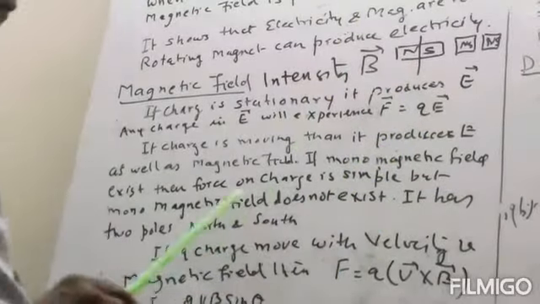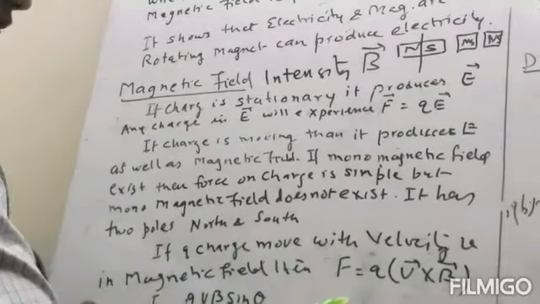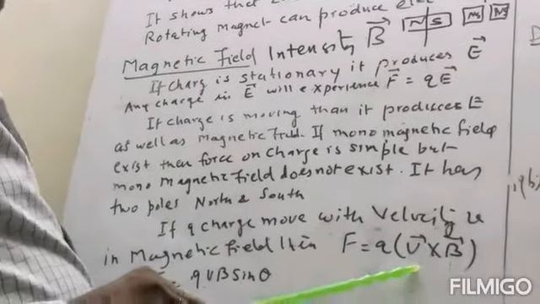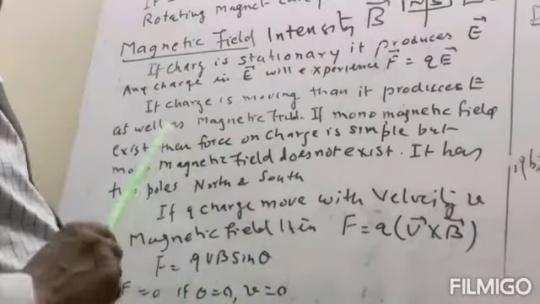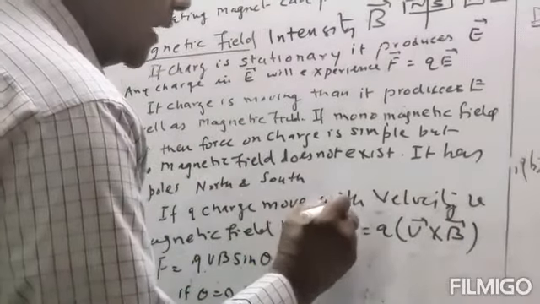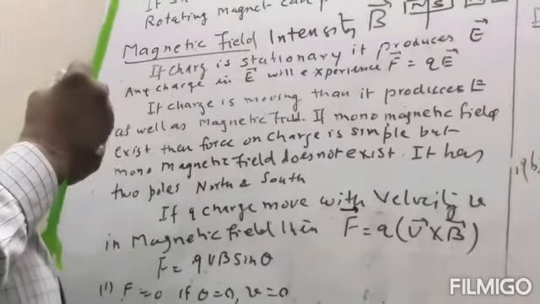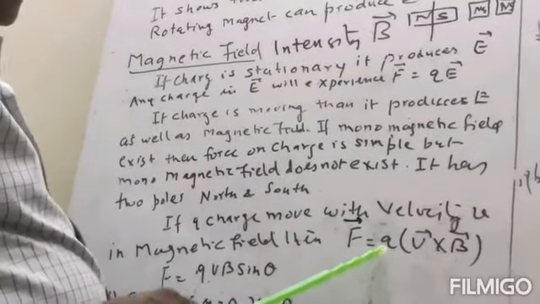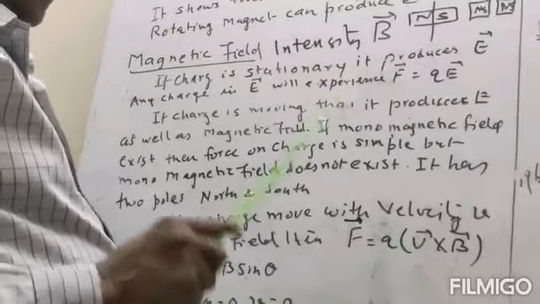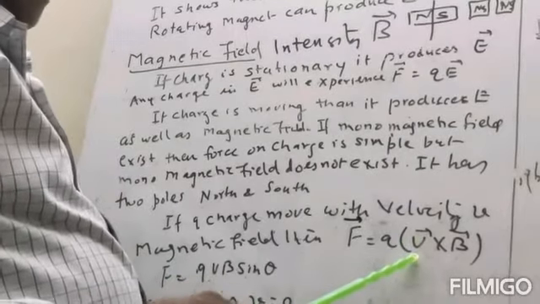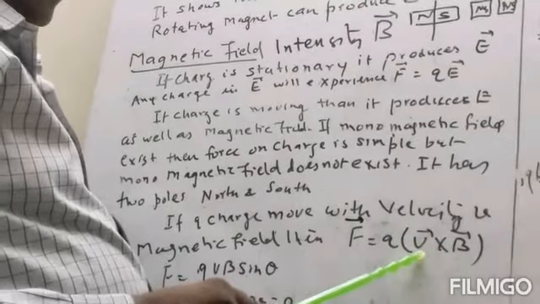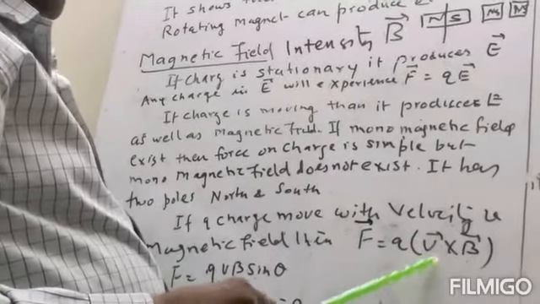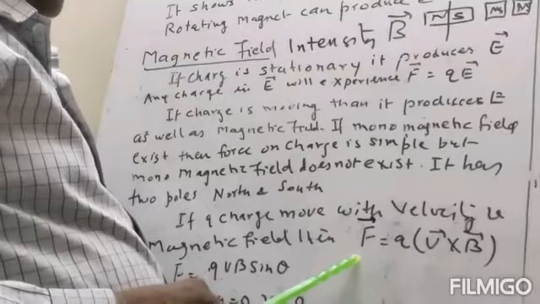The force on the charge will be equal to Q into V cross B. V is the velocity of the charged particle, B is the magnetic field, so force will be equal to Q multiplied by the cross product of V and B. It means the direction of the force on the charge will be perpendicular to the plane containing V and B. And here it's a cross product, so the right hand screw rule will be applicable to give the direction of force.